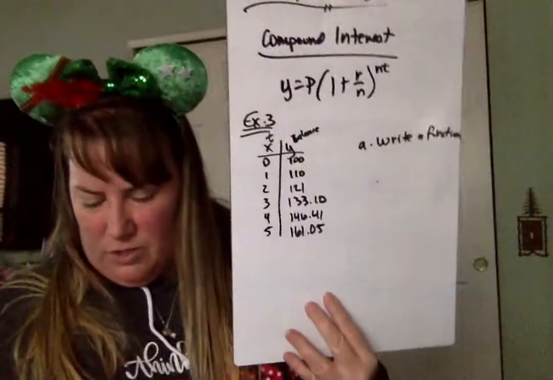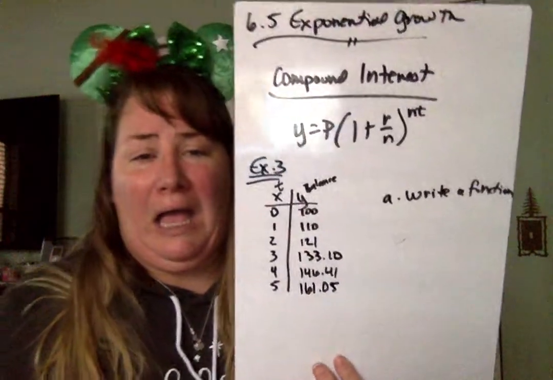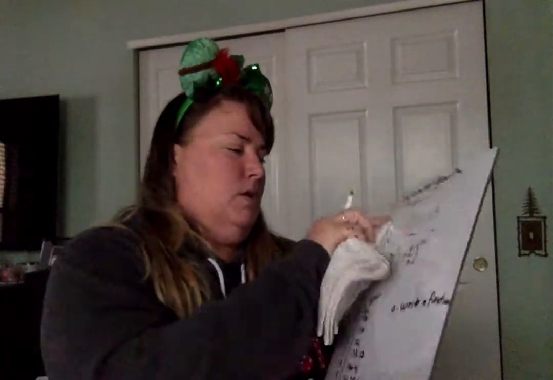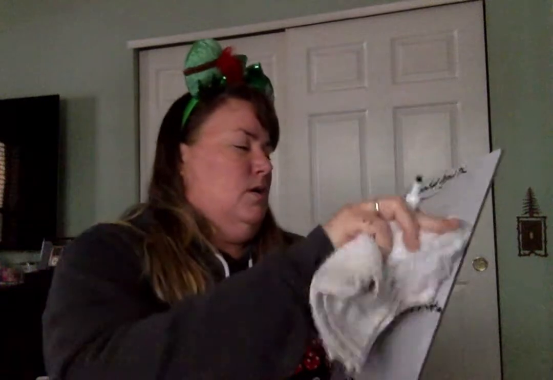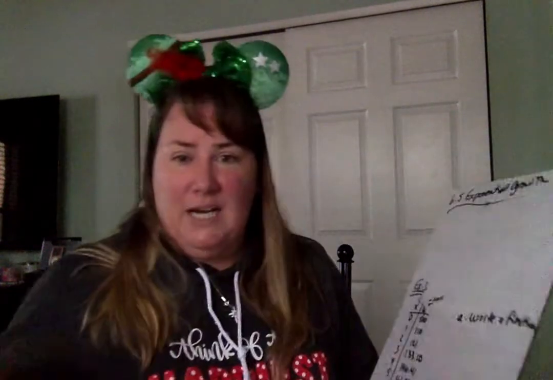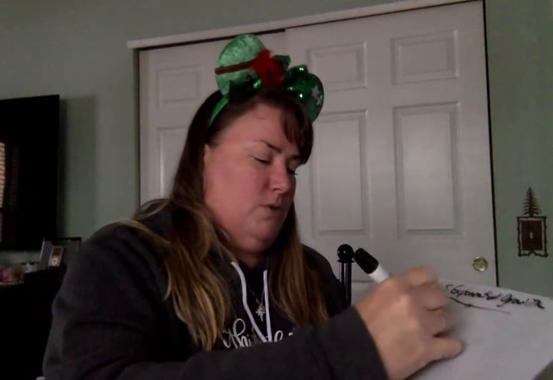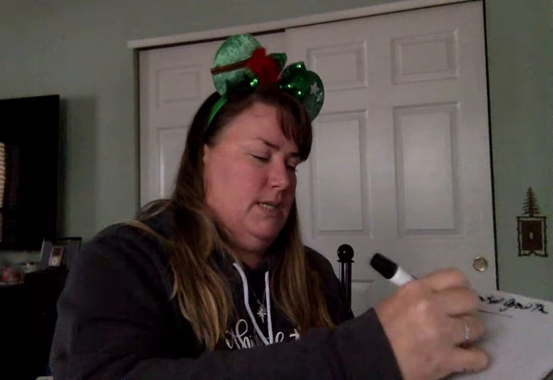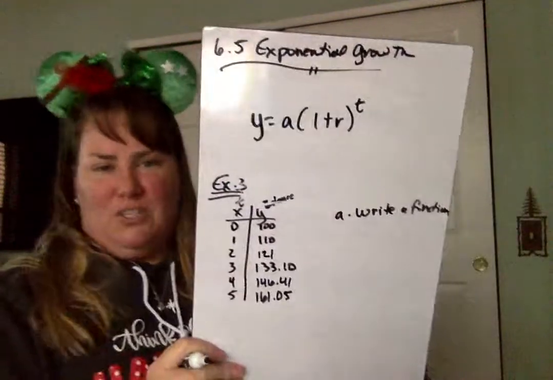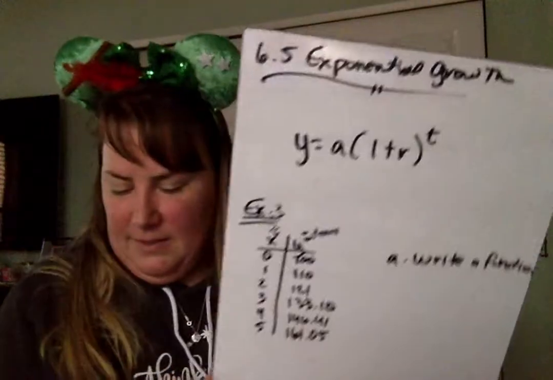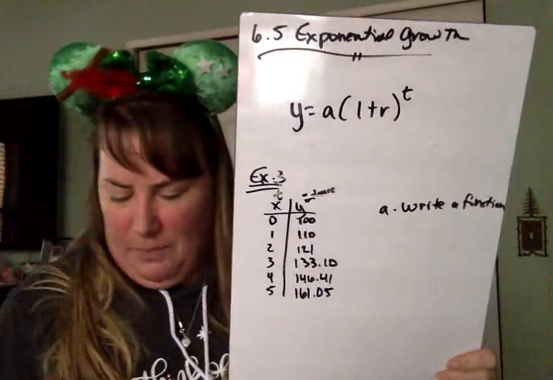We're not doing compound interest. Hey, brain fart. This is exponential growth. It didn't say anything about compound interest. I think I just had compound interest in my head. So y equals a times quantity 1 plus r to the t. That's the function we're working with. Sorry, I thought it was still part of the compound interest problem.